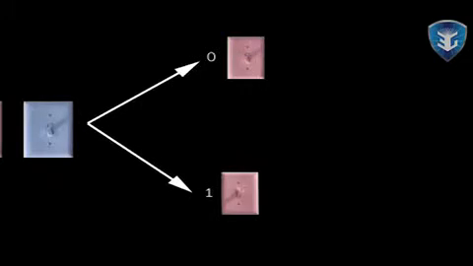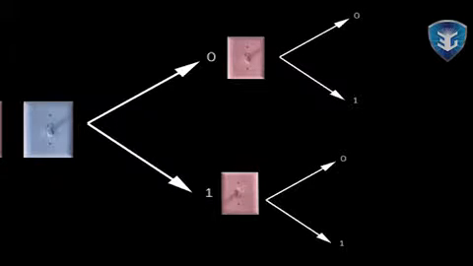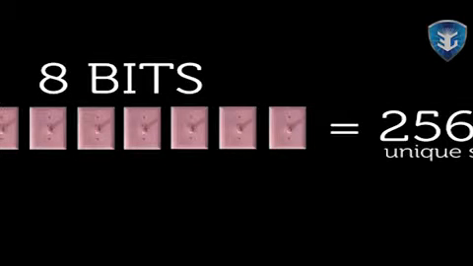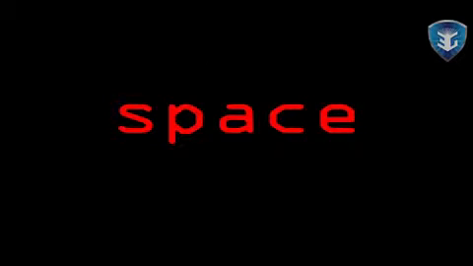Remember, one light switch is 1 bit and it can store 2 states. But 2 light switches can store 4 unique states. And 8 light switches, or 8 bits, can store 256 unique states. And space is measured in bits. But the physical size of a bit depends on your method of storage.